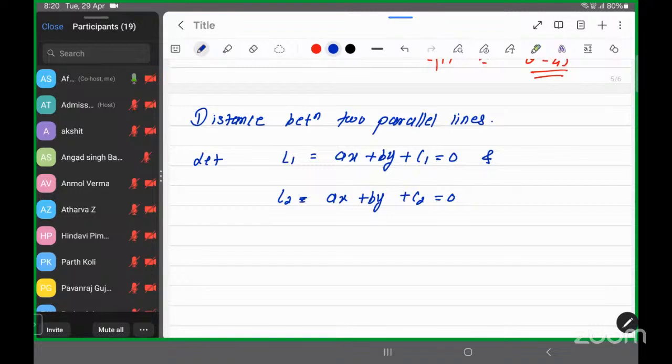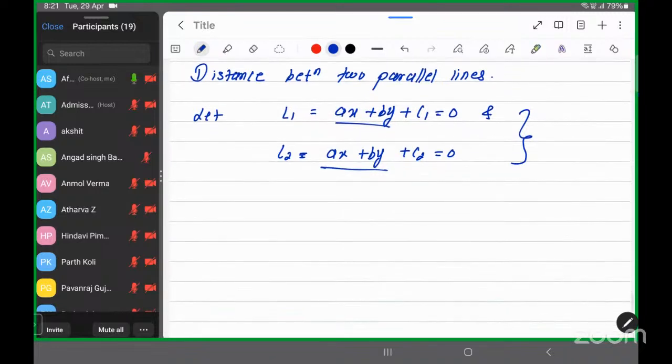Also remember one thing: if the lines are parallel and we have to find the distance between them, then the first very important thing is that the coefficients of x and y in both the lines are the same, and the constants differ. Then they are parallel lines.